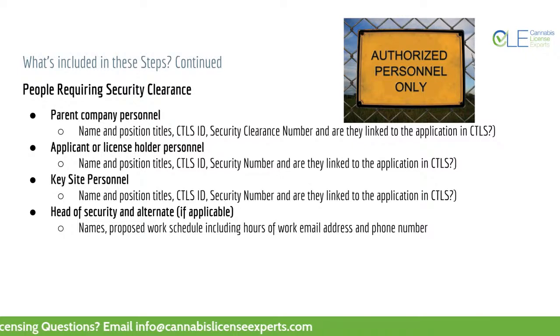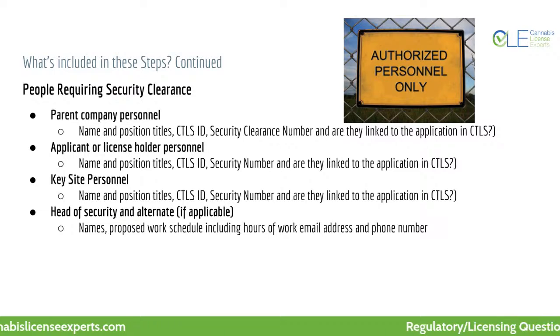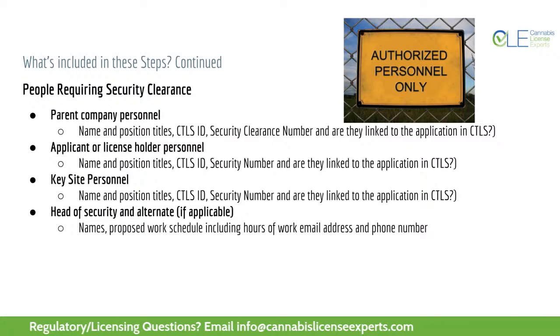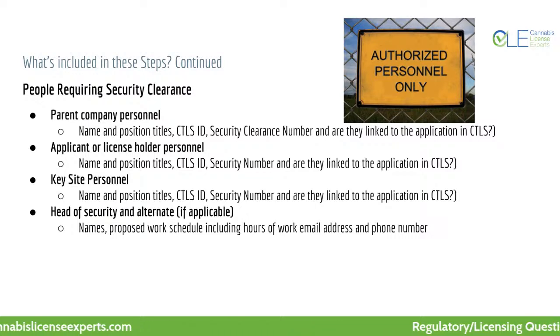You're going to again outline their name and position titles, CTLS ID, security clearance number, and if they're linked to the application. Key site personnel: name, position, titles, CTLS ID, security clearance number, and are they linked to the application in CTLS?